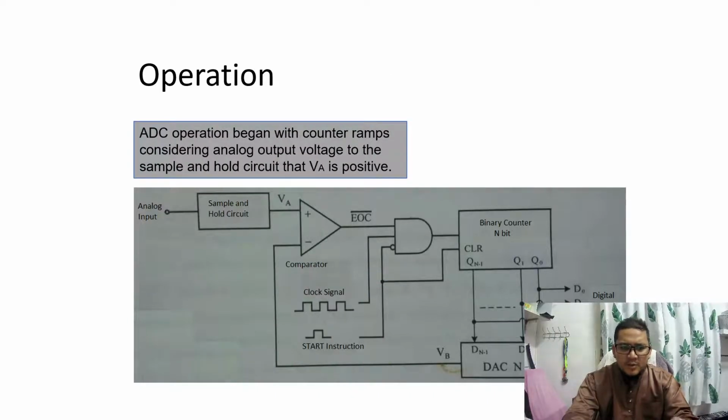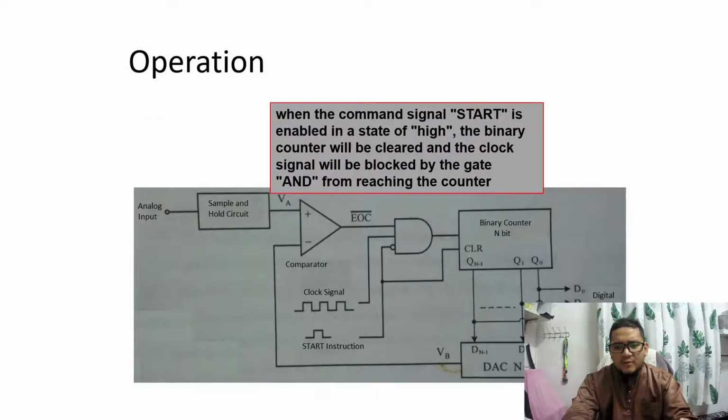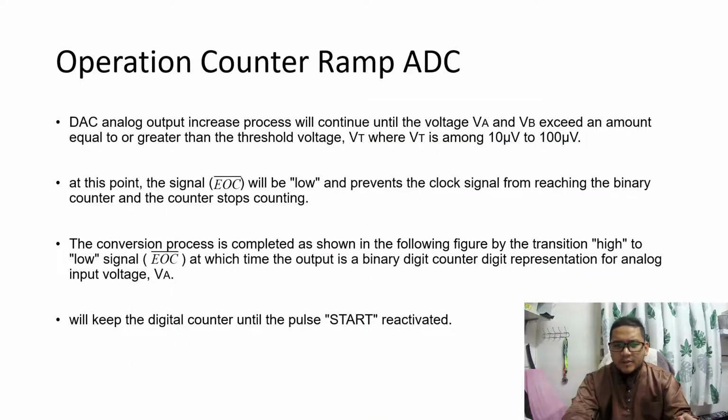So the ADC operation begins with the counter ramp, considering the analog output voltage of the sample and hold circuit that VA is positive. So when the command signal start is enabled, the binary counter will be cleared and the clock signal will be blocked by gate N from reaching the counters.